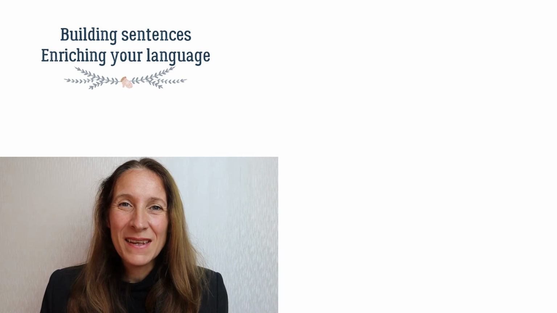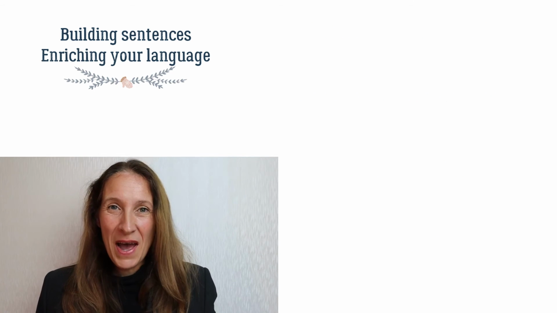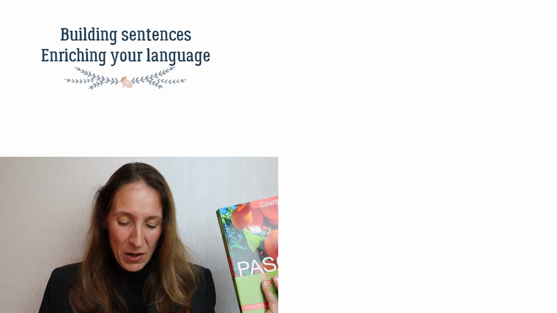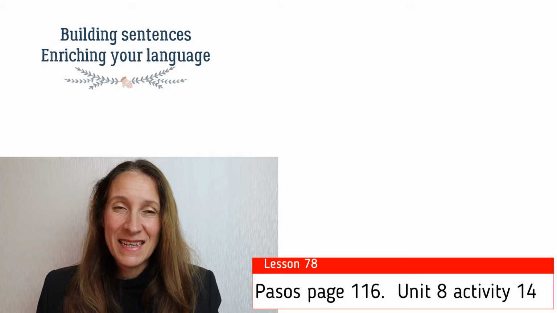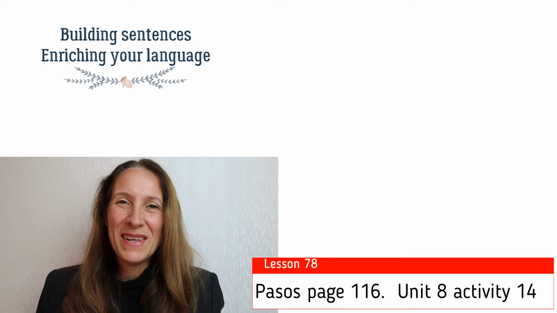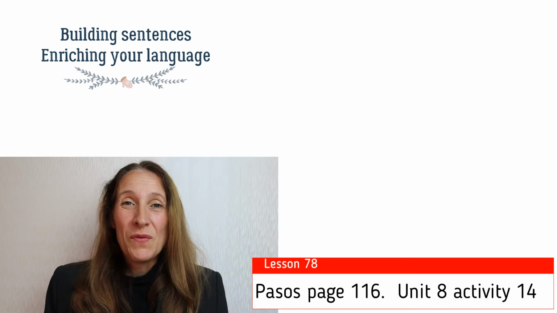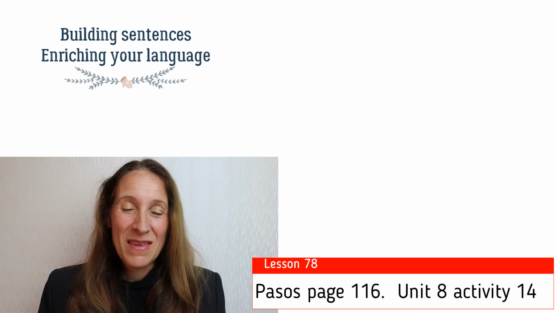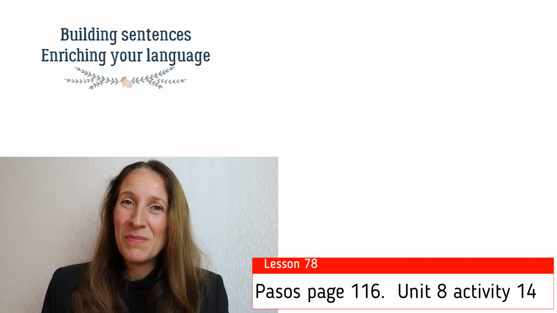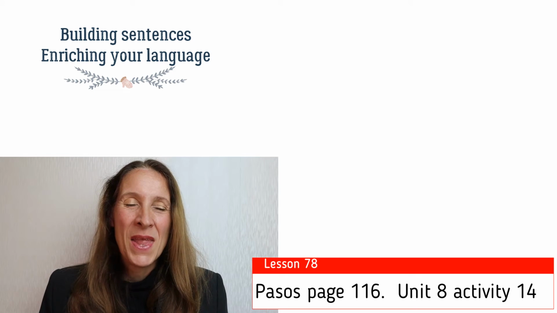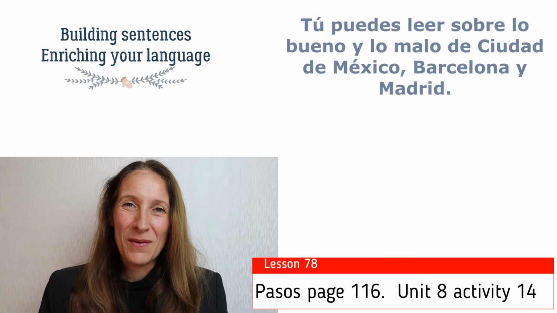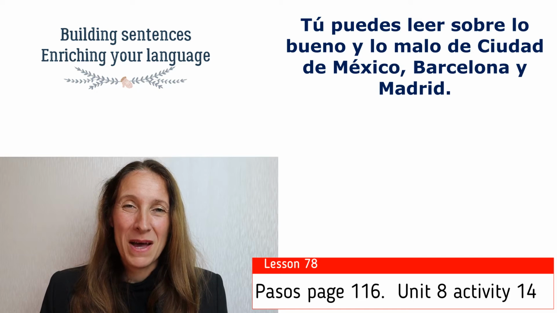So when you're reading in Pasos, if you have Pasos, we're looking at página 116, actividad 14. We've got 3 people saying what they think of their cities, Barcelona, Madrid y Mexico DF. You can read about those even if you don't have Pasos.